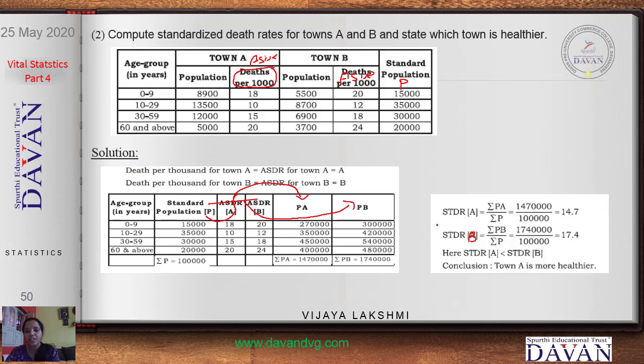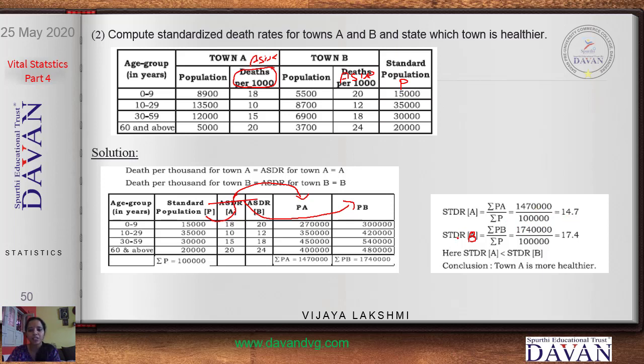So STDR of A is equal to summation PA divided by summation P. What is summation PA? It is 1470000. Write it here, divided by 1 lakh for summation P. On simplification you get 14.7.